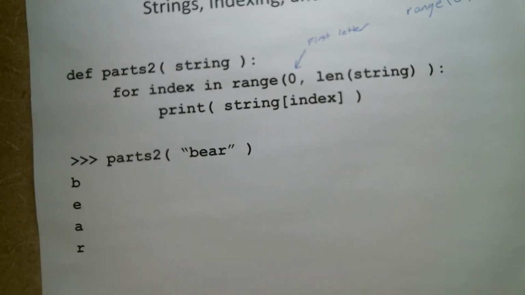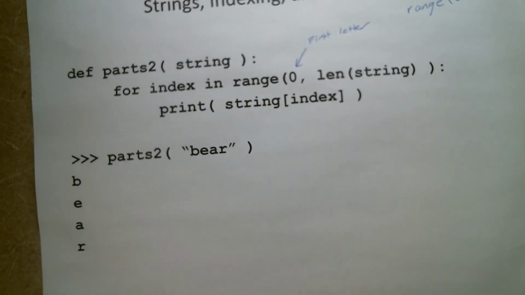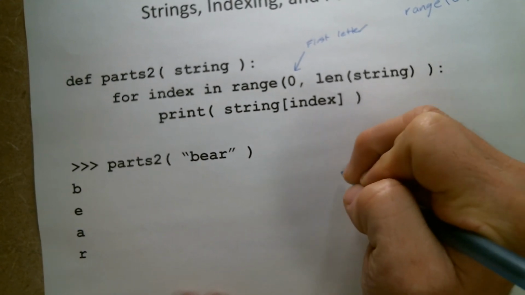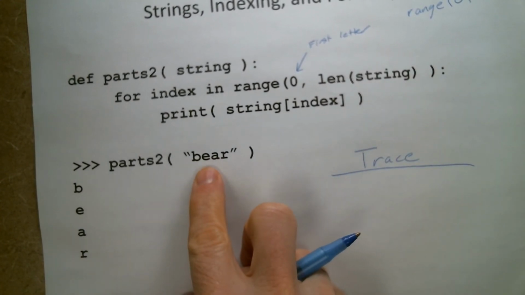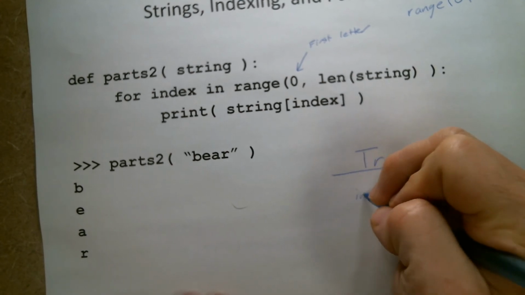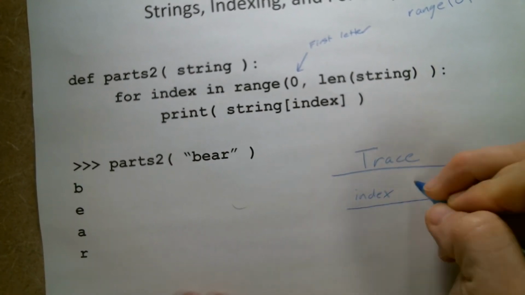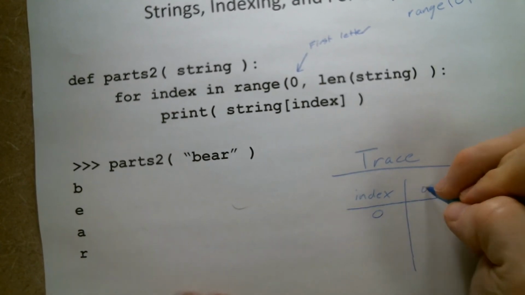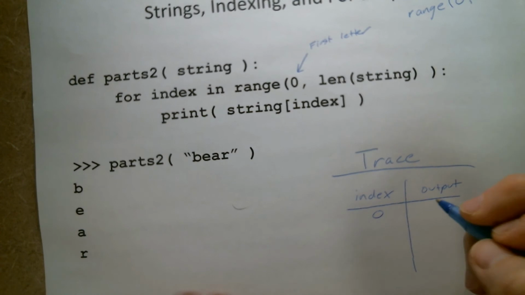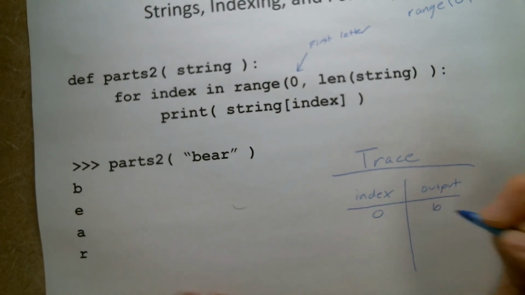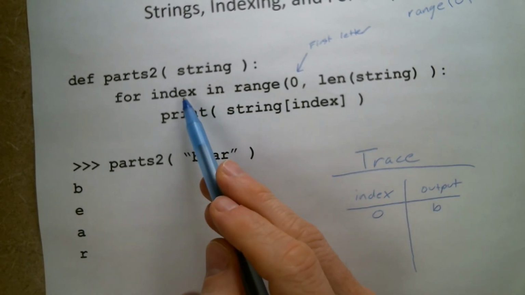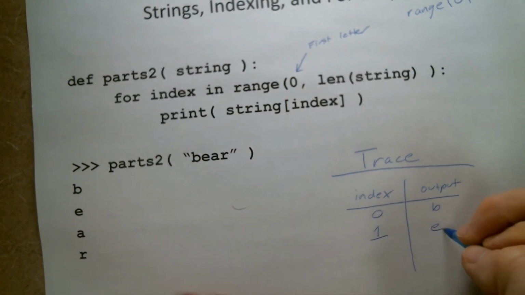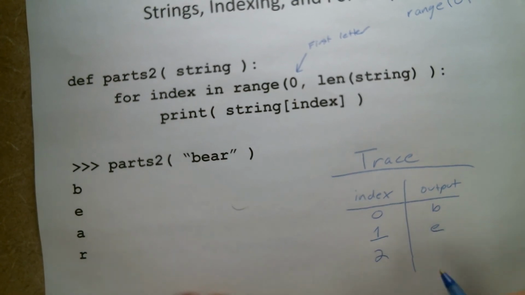So let's trace through one here and just make it clear what's happening. If we were to call this function with the word bear, the index would start at 0, and the output that we'd actually print out would be the letter B. Then the index, which is our loop variable, would change to 1, and we'd print out the letter E. Then the index would change to the number 2.